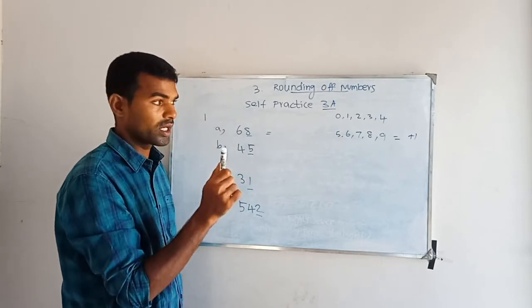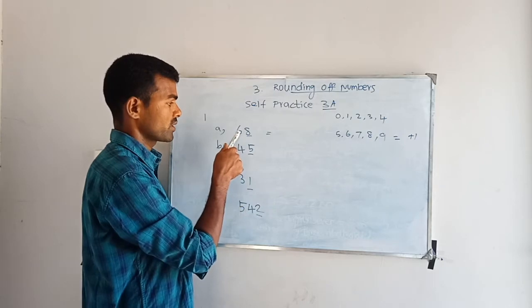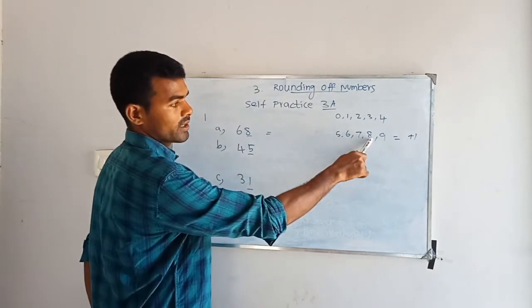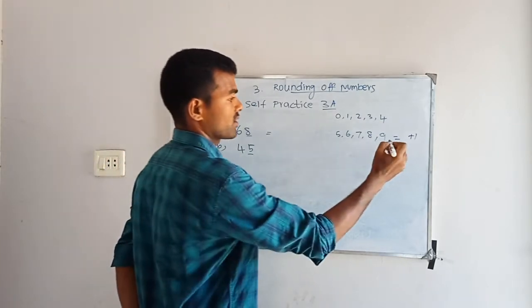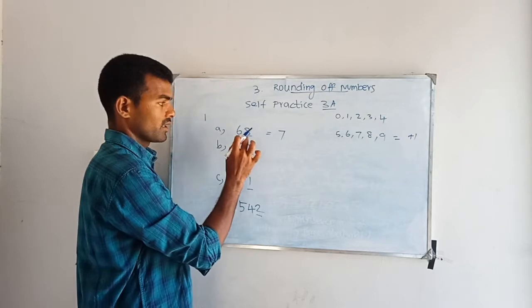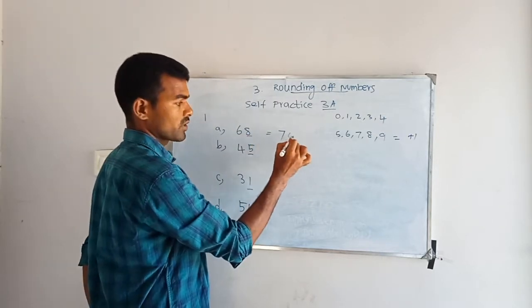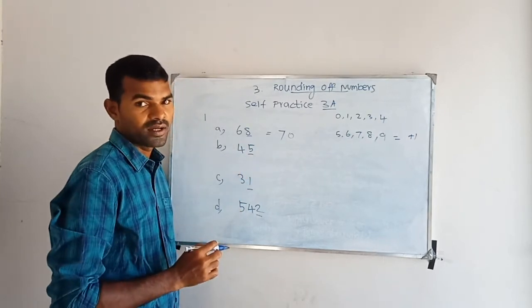So 6 plus 1, how much? 7. So 7, and in the ones place you have to write 0. The answer is 70.